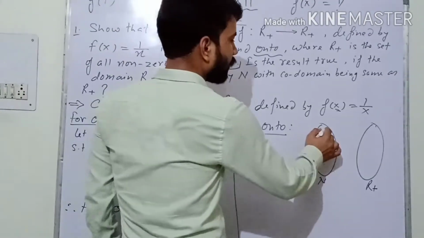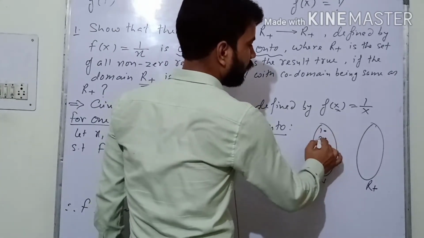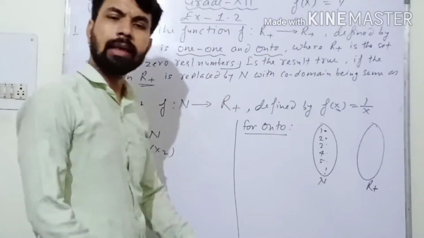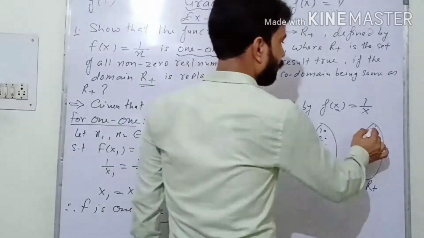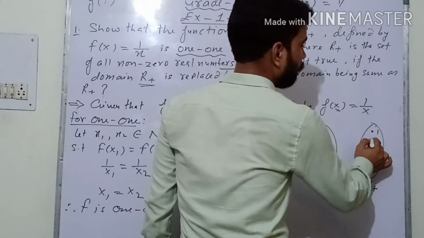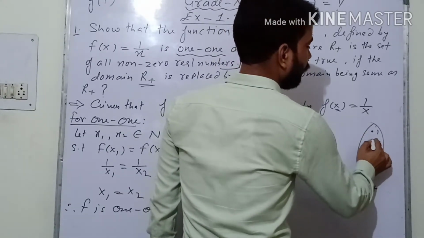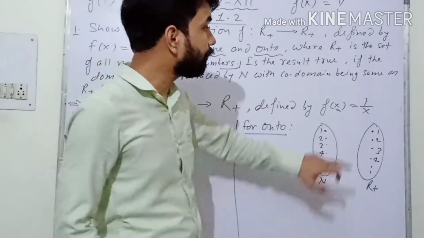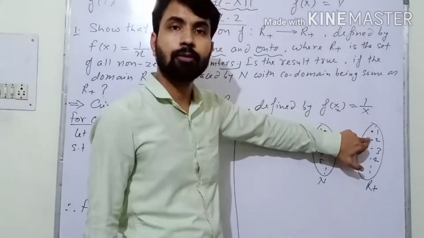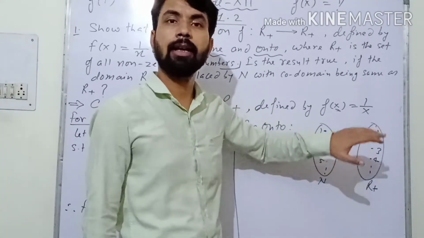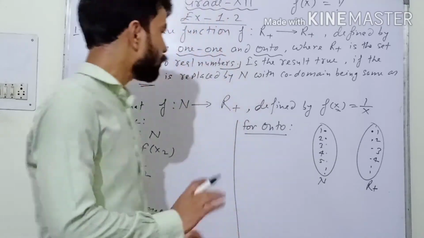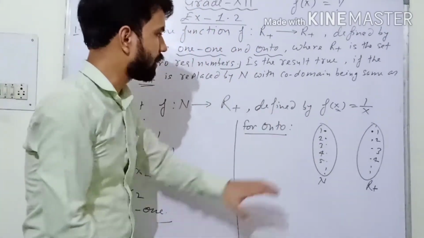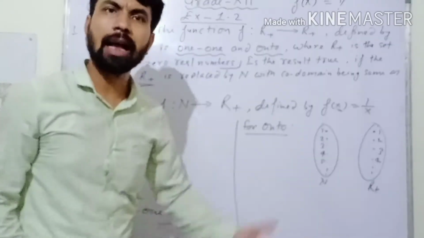So beta, here natural numbers are 1, 2, 3, 4, 5 and so on. And real numbers are positive real numbers, 1, 2, 3, 4 and so on, and there are infinite real numbers in between 1 and 2, 2 and 3, 3 and 4, 4 and 5, 5 and 6. Understood? So see, this codomain is a set of all positive real numbers and the domain is a set of all natural numbers.